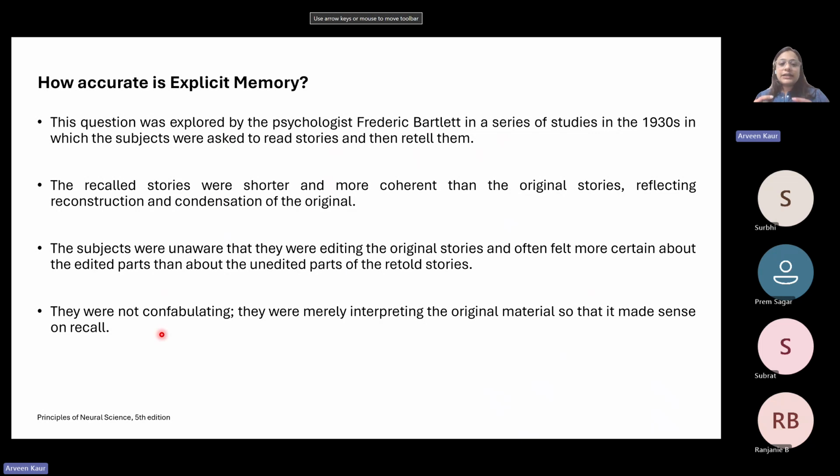Right now I'm deliberately doing it, so it is not that precise. But you might not be aware that you added a fact or modified the statement a little bit, but that was not you deliberately doing it. It was your brain trying to make sense of the story that you are retelling, to make it more coherent.